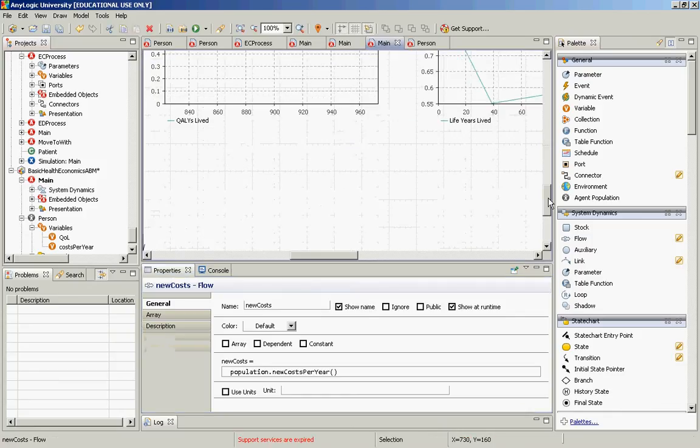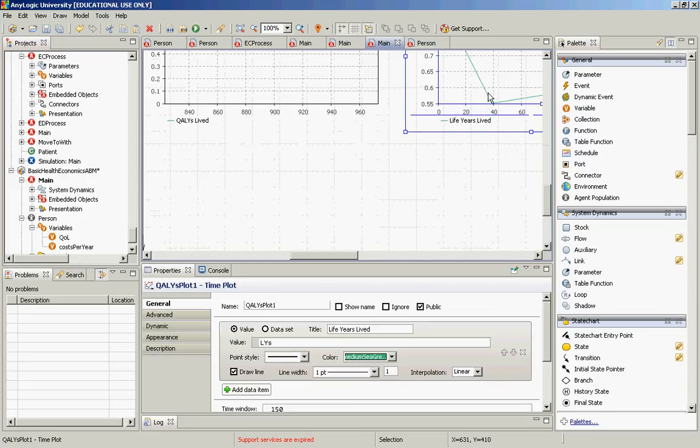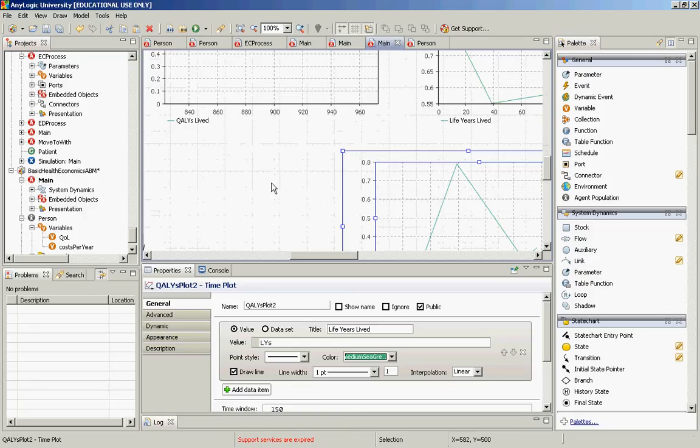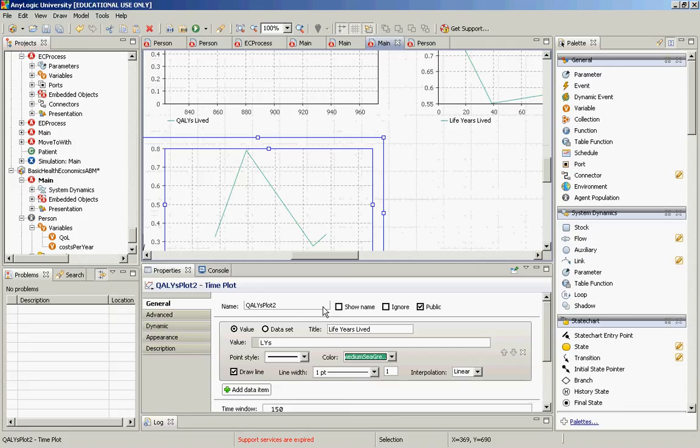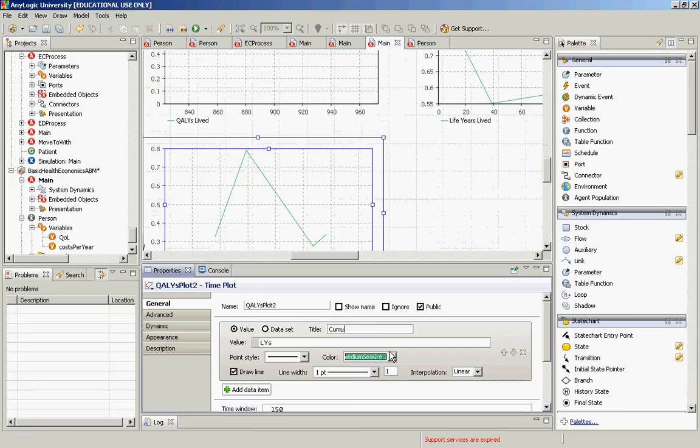I'd like to create another time plot here, so I'm going to copy that one and pull it down here. This is cumulative undiscounted costs.